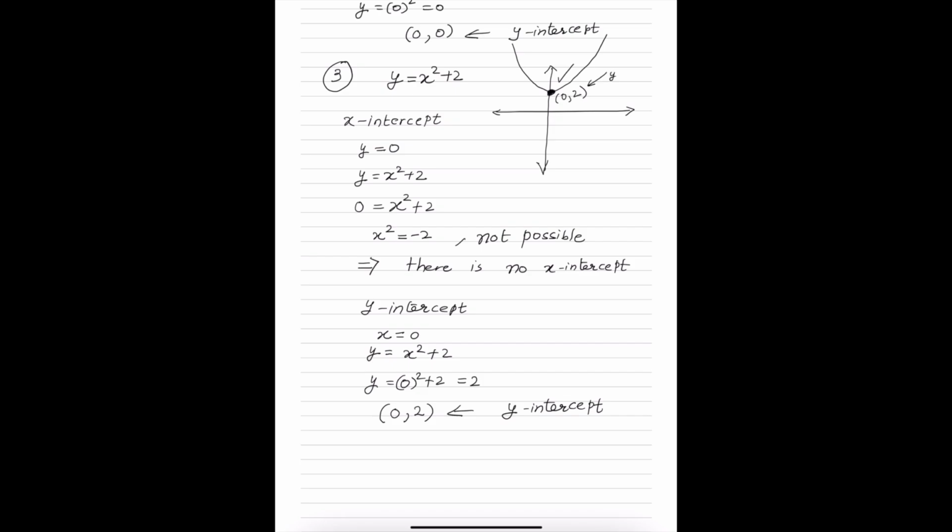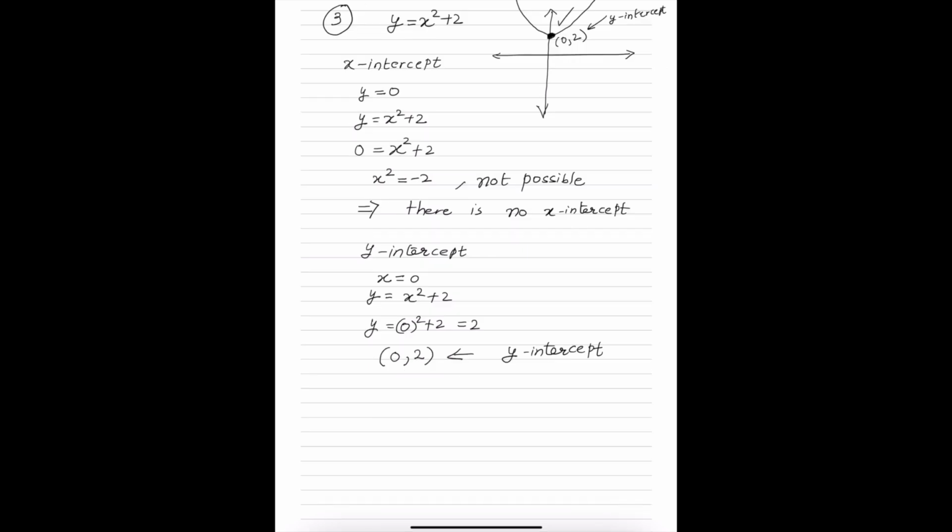So this is the example where there is no x-intercept but there is a y-intercept. For practice, you can try to find the x-intercept and y-intercept for this graph.